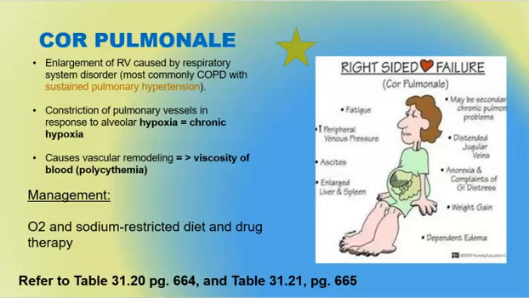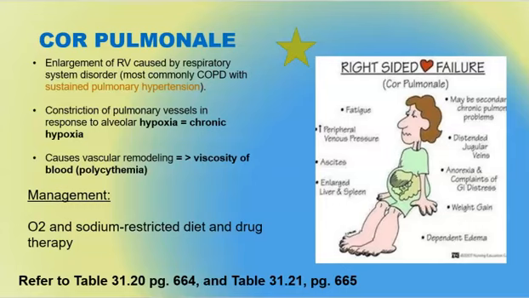So, what is cor pulmonale? Well, I've got a star here, which means it's super duper important. I've got table numbers and page numbers here to reference it. Okay, basically it's an enlargement of the right ventricle caused by a respiratory system disorder, most commonly COPD with sustained pulmonary hypertension. It's the constriction of pulmonary vessels in response to alveolar hypoxia.